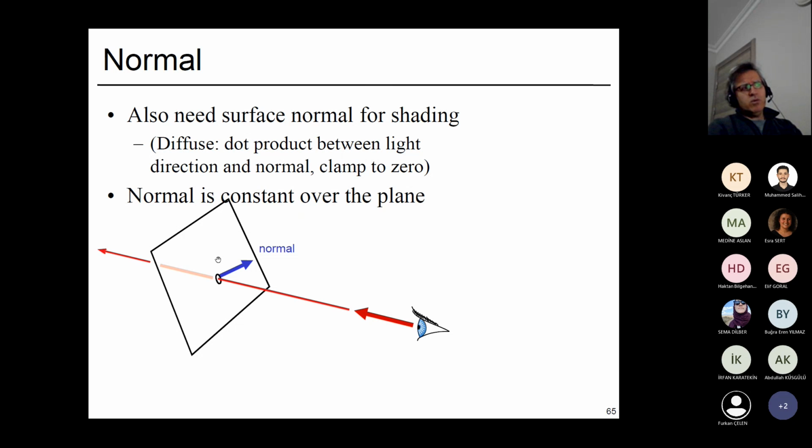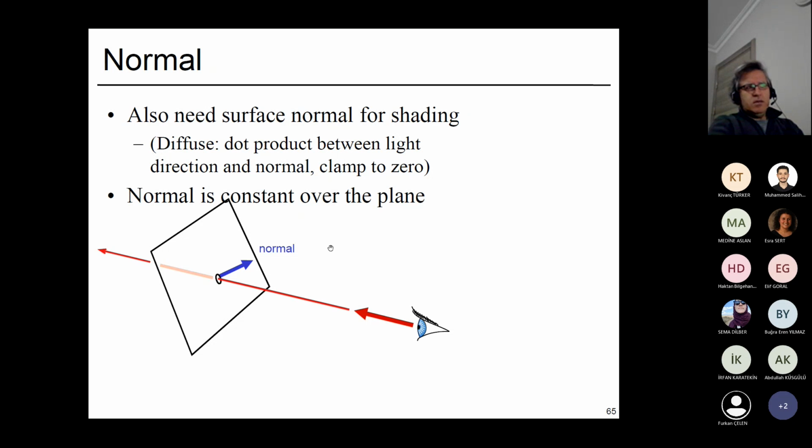Now this surface normal is also used in shading, right? Depending on the surface normal and the light direction, we will use this surface normal later on for shading. But the nice thing about this surface normal is that it is constant over the plane.